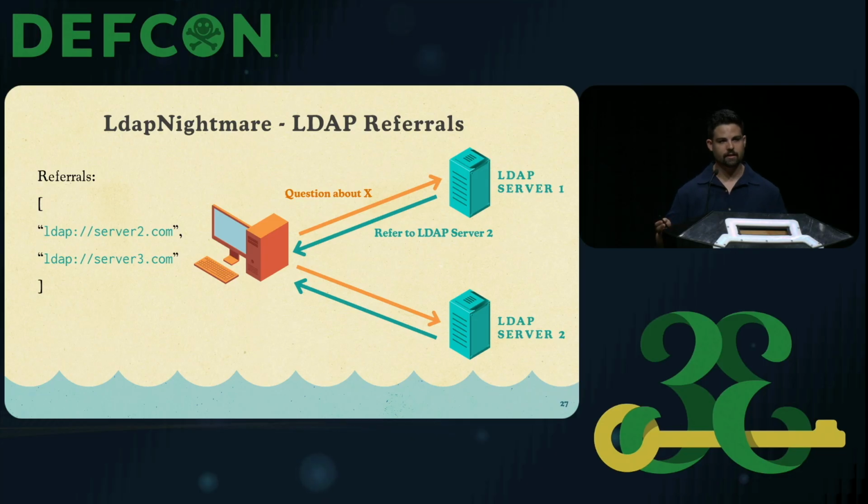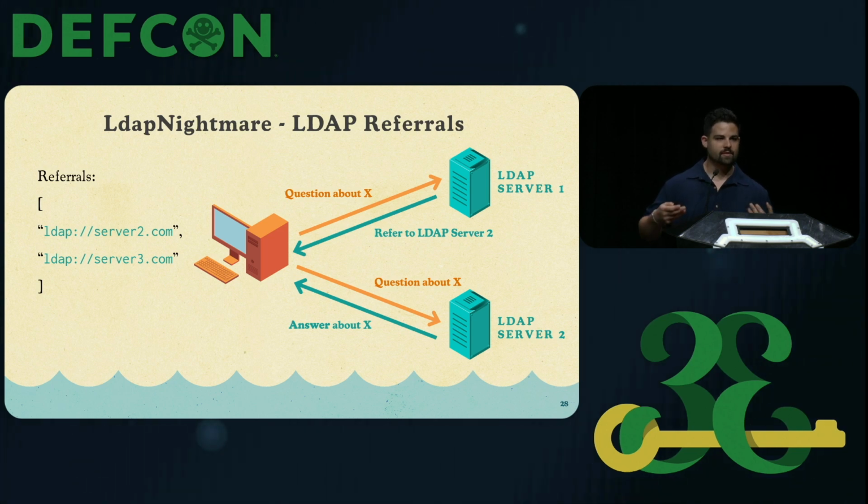So in LDAP, there's a concept called LDAP referrals, and this concept, which is also a type of a packet, as we just saw, enables LDAP or CLDAP servers to refer a client to a different LDAP server in case that the server does not have the needed information.